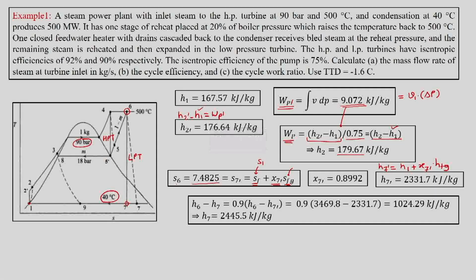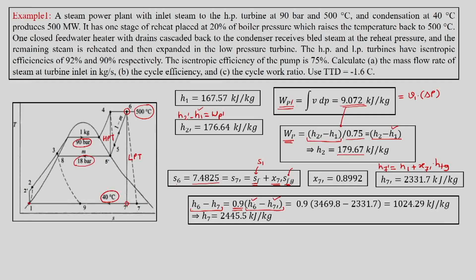But again we can use the efficiency of the turbine, where the low pressure turbine efficiency is 90%, into the ideal turbine work is equal to the actual turbine work. So here we now know H7 dash, and we know H6. H6 is known to us, it corresponds to 18 bar and 500 degrees Celsius in the superheated part of the steam table.